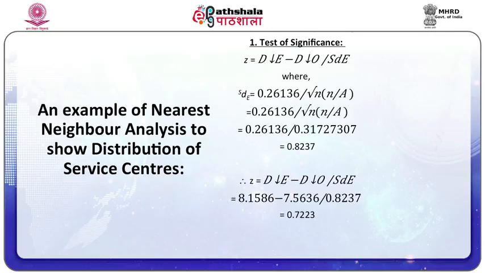Therefore, Z is equal to D bar E minus D bar O upon SDE, which is equal to 8.1586 minus 7.5636 upon 0.8237, which is equal to 0.7223.